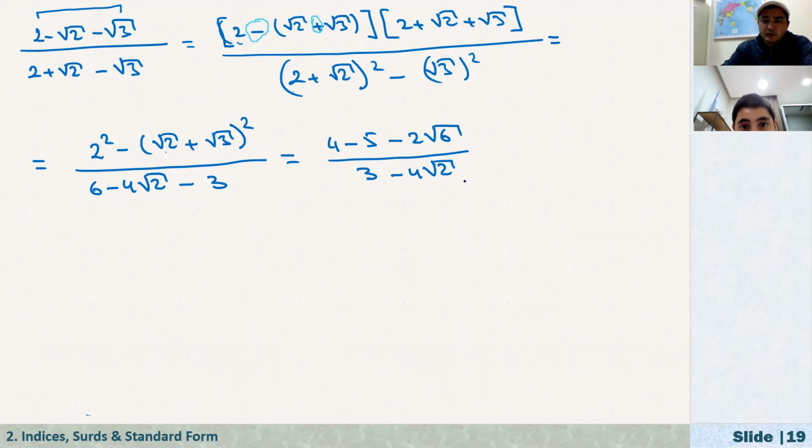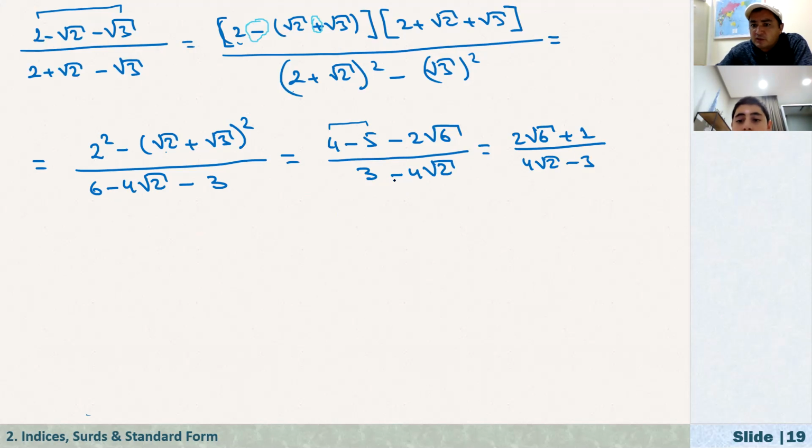Right? So now immediately 4 minus 5 is negative 1. I multiply numerator and denominator by negative 1. What happens here? Then we have 2 square root of 6 plus 1 over 4 square root of 2 minus 3. I just multiply numerator and denominator by 1.